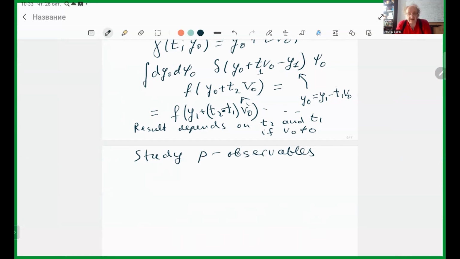I study a family. Last time I was supposed to study this.